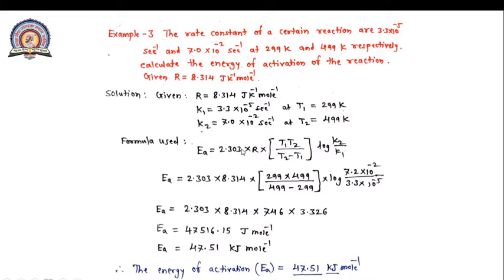Now substituting the values in this formula, Ea is equal to 2.303 into 8.314 into temperature T1 299 into temperature T2 499, divided by 499 minus 299, into log of K2, which is 7.2 into 10 raised to minus 2, divided by K1, which is 3.3 into 10 raised to minus 5.